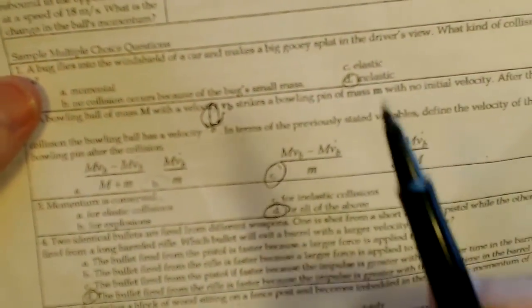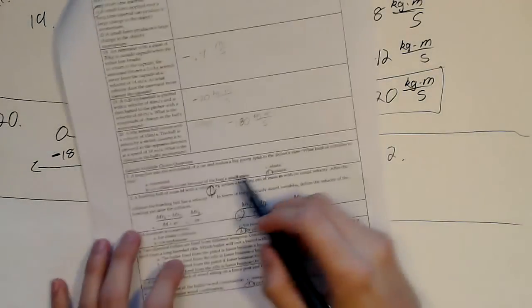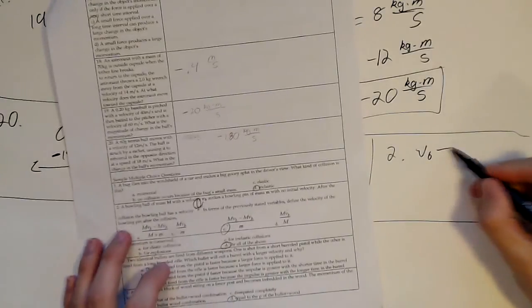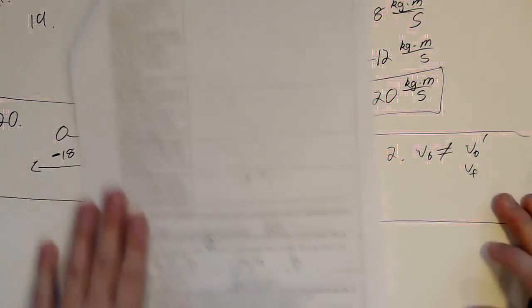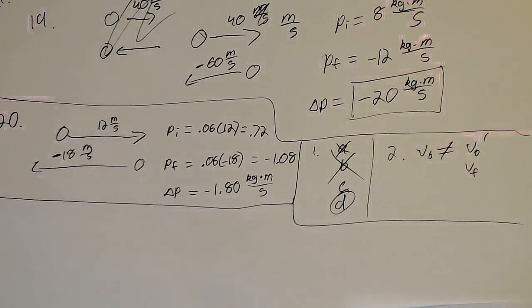That's a prime, meaning that this vb at the beginning is not equal to vb prime. Why they didn't pick something like v final is beyond me, but whatever. In terms of the previously stated variables, define the velocity of the bowling pin after the collision.